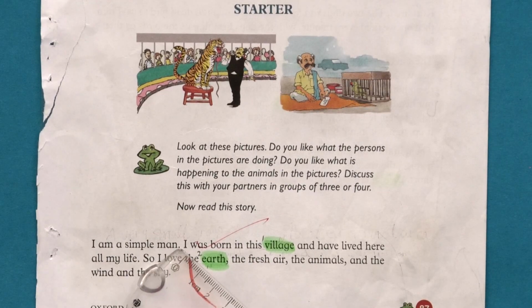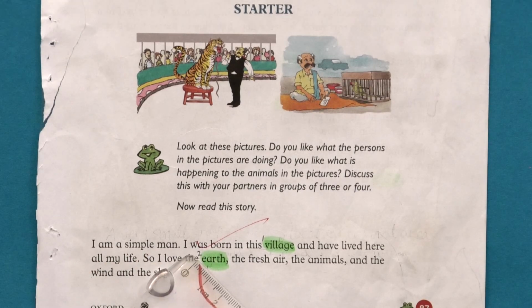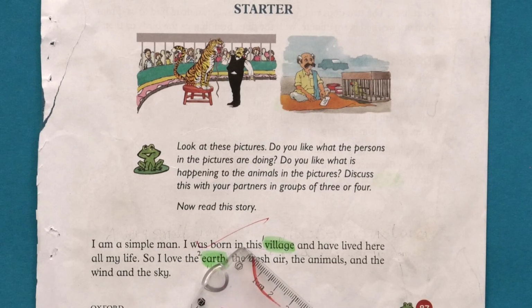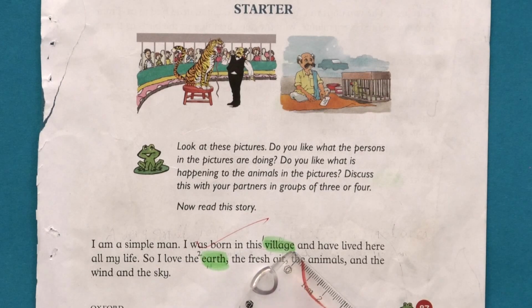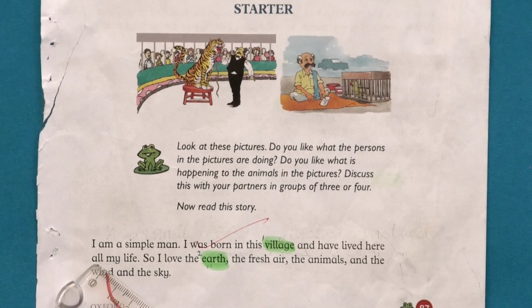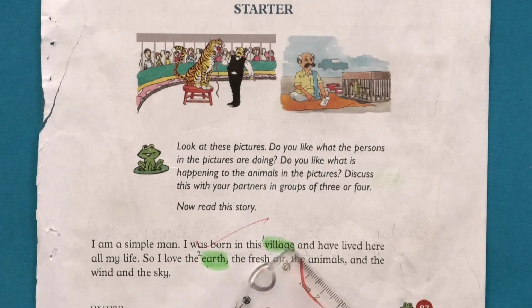I am a simple man. These lines are spoken by the writer himself. The writer is telling the whole story himself. I have already told you it is an autobiography. I was born in this village and have lived here all my life. Village. Village is a noun.